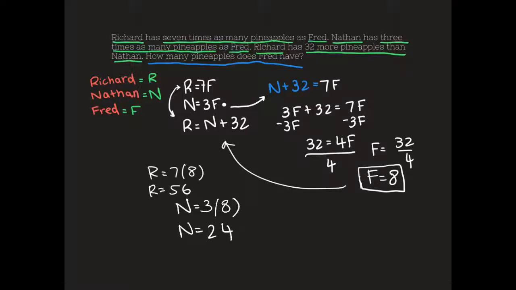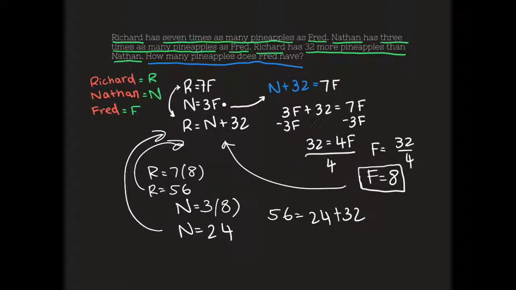Nathan's amount is 24. Now we just plug these two values into our third equation: 56 equals 24 plus 32. And that makes sense. So we know that our correct solution is F equals 8. That means Fred has 8 pineapples.